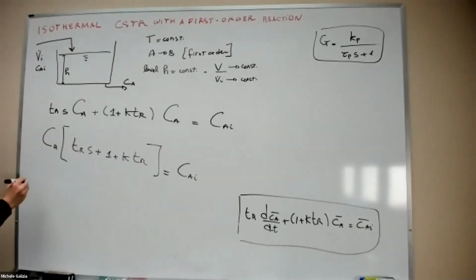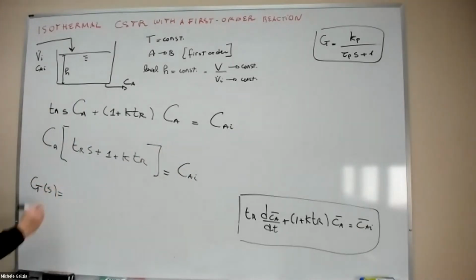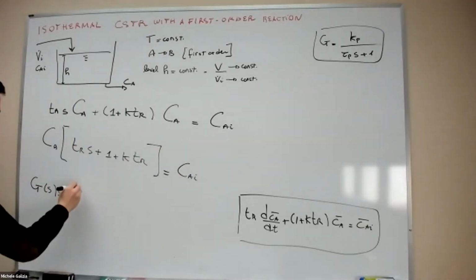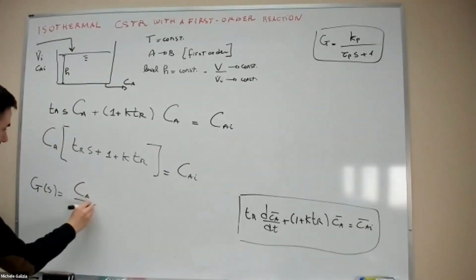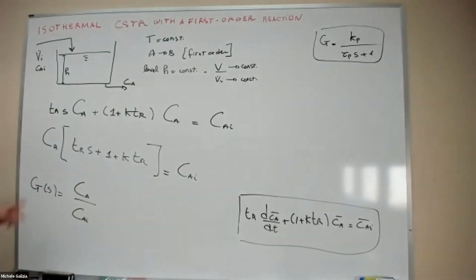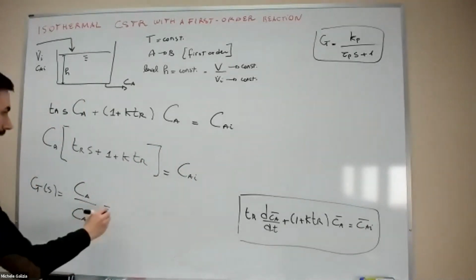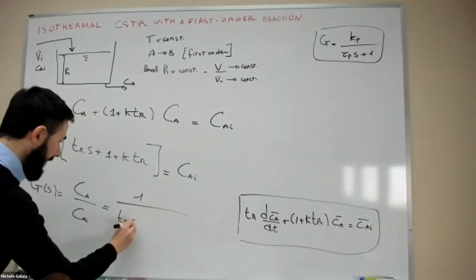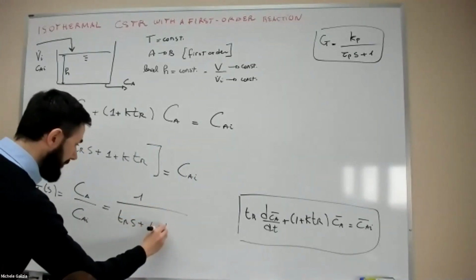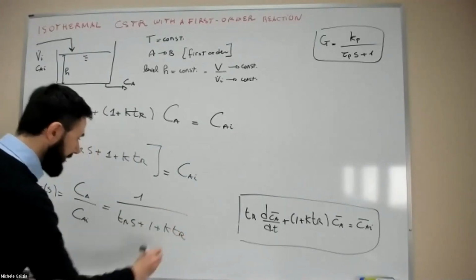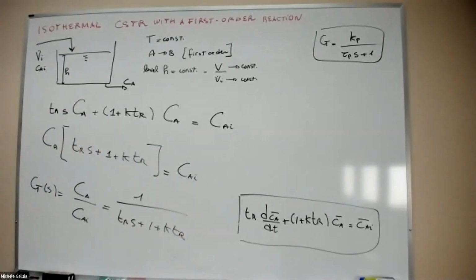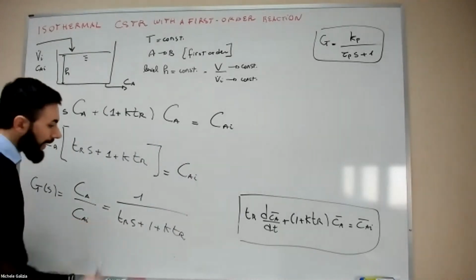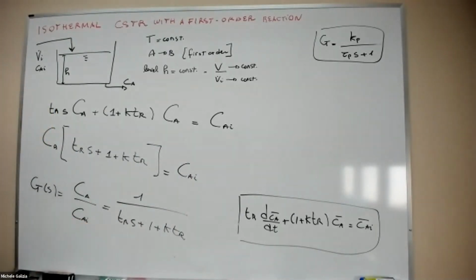And so the transfer function, which by definition is CA capitalized over CAI capitalized, is 1 divided by TR s plus 1 plus KTR. And so this is clearly the transfer function of a first order system.